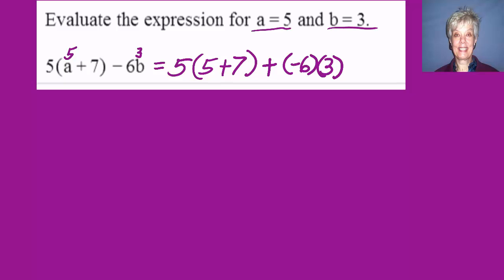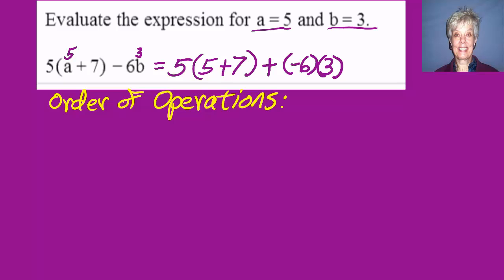We're going to talk for a minute, kind of take a commercial break, and talk about order of operations. We're talking about the operations on numbers. And a way to remember this is PEMDAS.